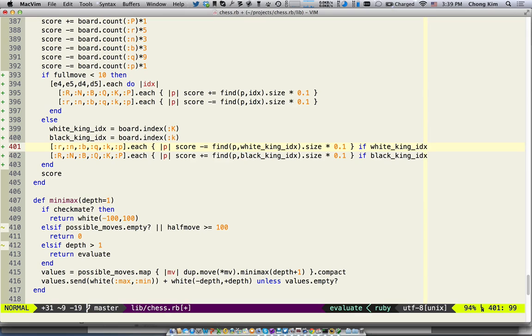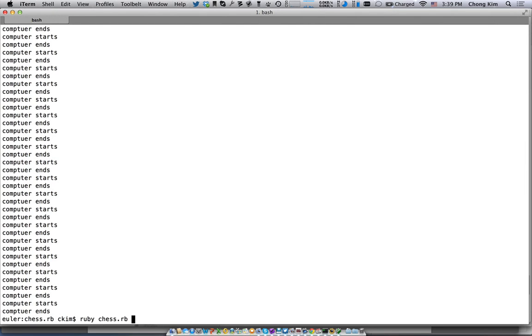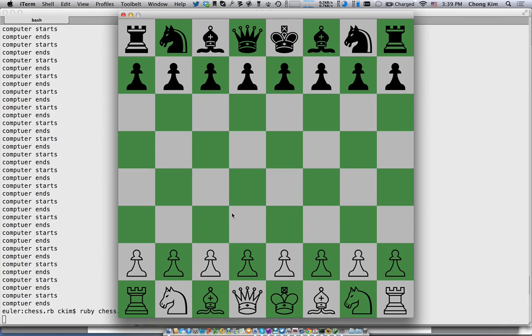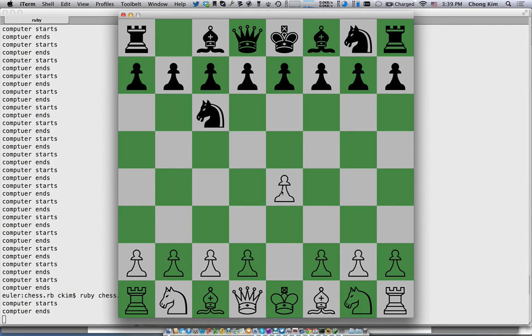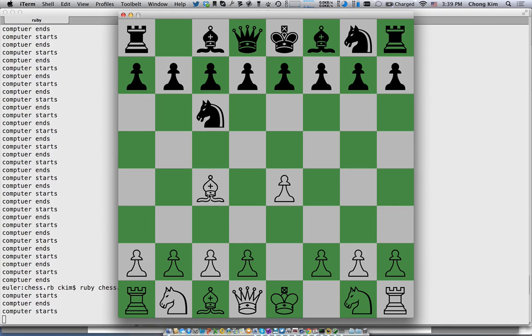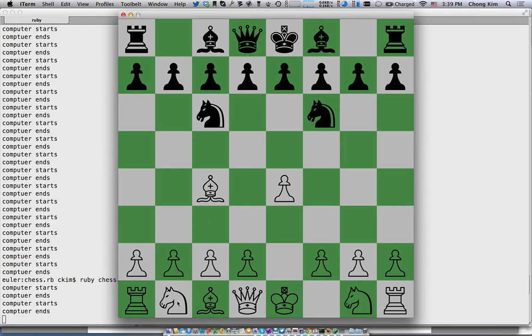Okay, make a small change, and now let's see how it plays. Okay, which is kind of expected. All right, still very similar.